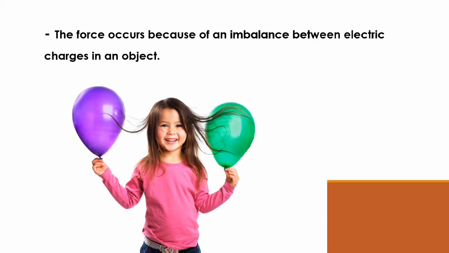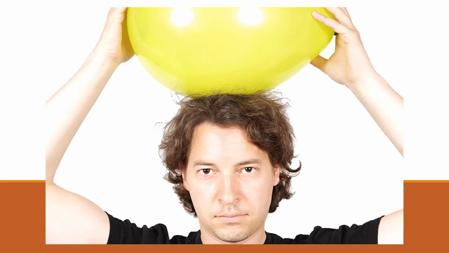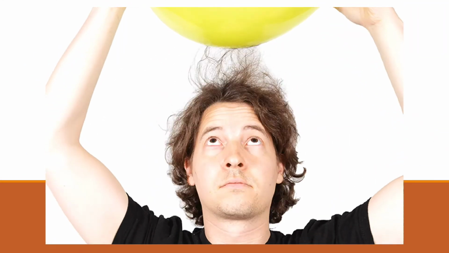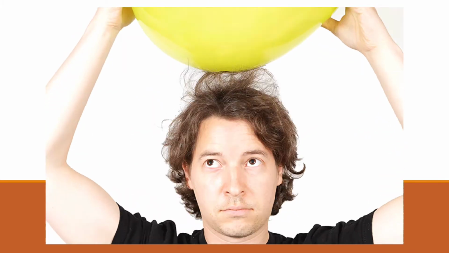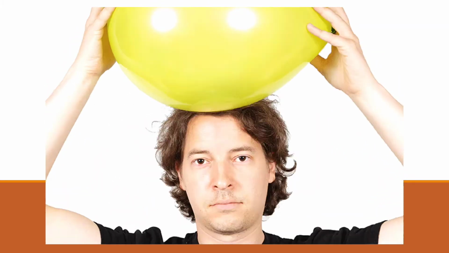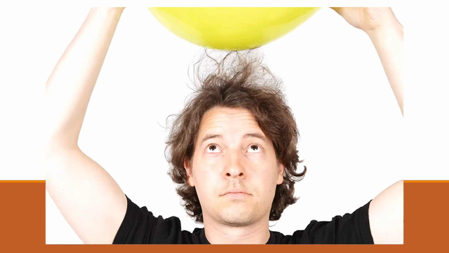That's why static electricity happens. Again, if there is a charge imbalance, there would be static electricity. We all know that electrons are very tiny and almost insignificant in mass. Again, electrons are the negatively charged part of an atom.